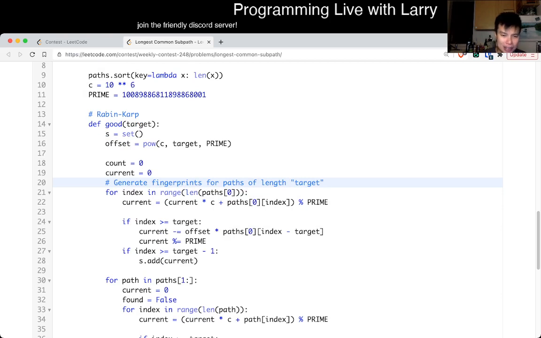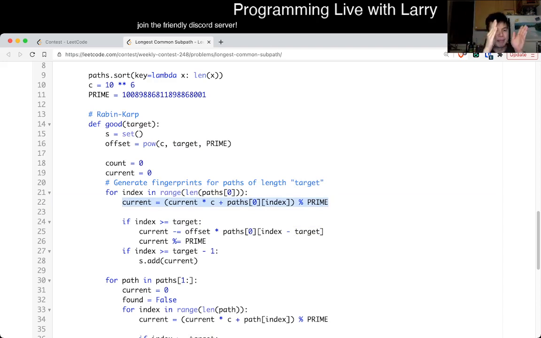because it's an interesting algorithm and a good algorithm. I definitely recommend you go over it, but it's going to be a really long video if I go over that. But basically, the idea is that I generate fingerprints for paths of each length target, and this is the way to do it. You can think about it as what we did earlier with modpow.